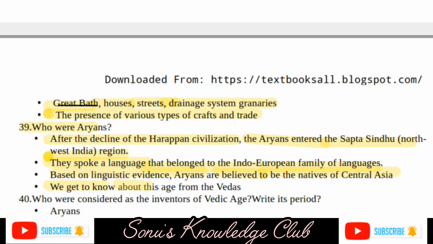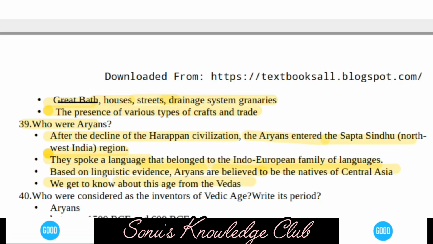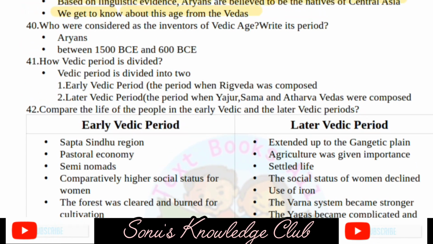We get to know about this age from the Vedas, which is why it is called the Vedic age. Its period, between 1500 BCE and 600 BCE.